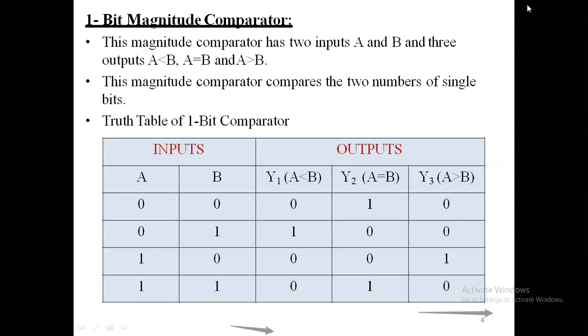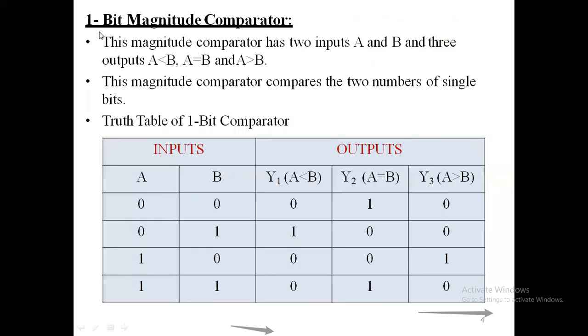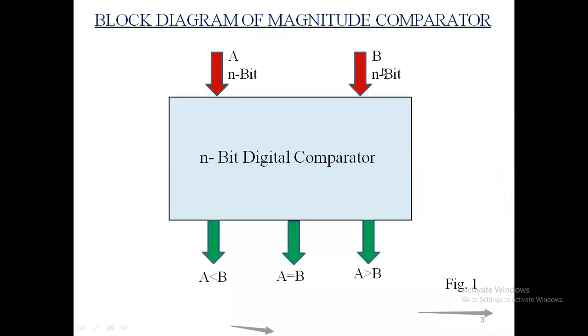For a 1 bit comparator, we take A value 1 bit and B value 1 bit, so totally 2 bits. For this 2 bit digital comparator, how many combinations will it require? 4 combinations. If you take a 2 bit magnitude comparator, A value 2 bits and B value 2 bits, that makes a 4 bit digital comparator, and it requires 2 power 4, which is 16 combinations.